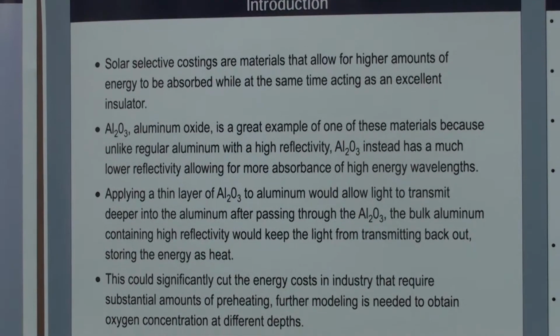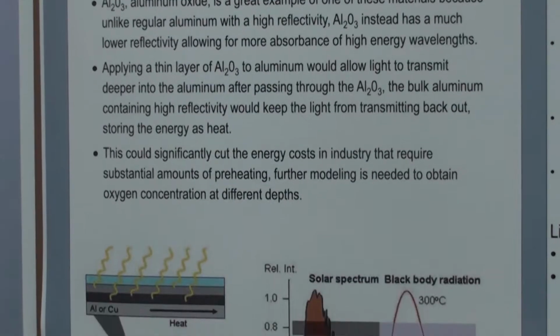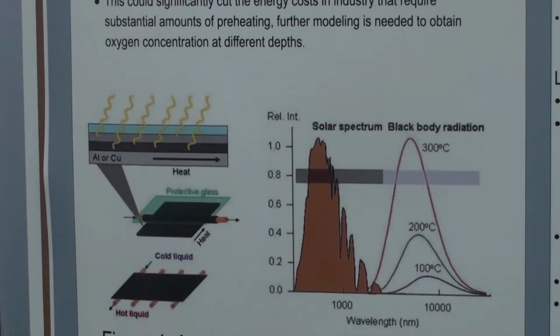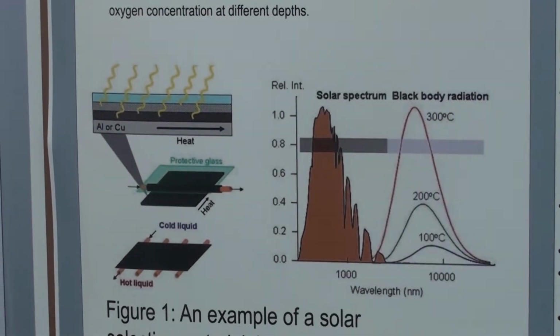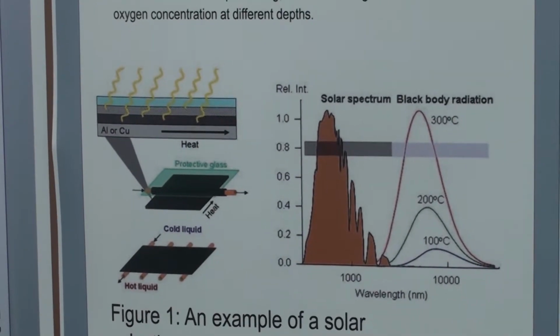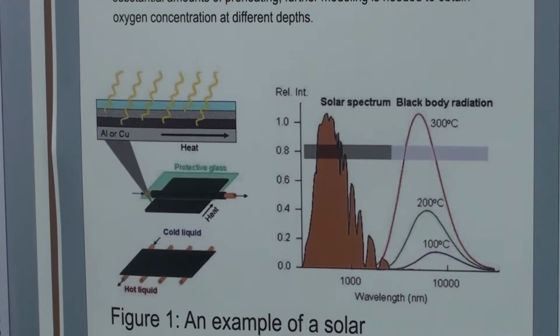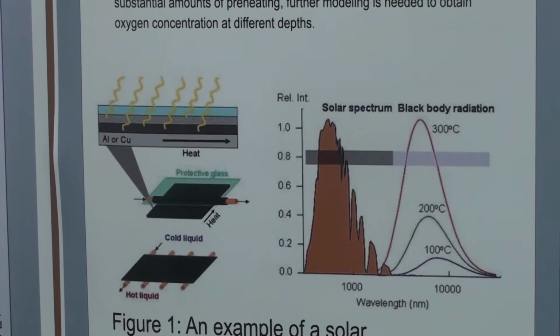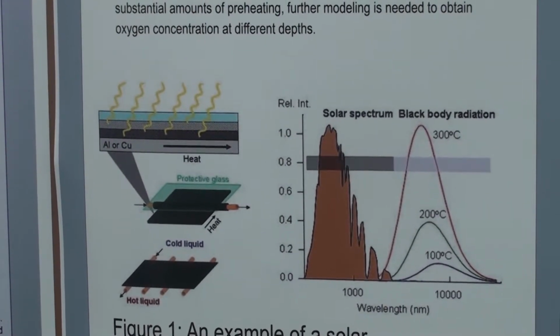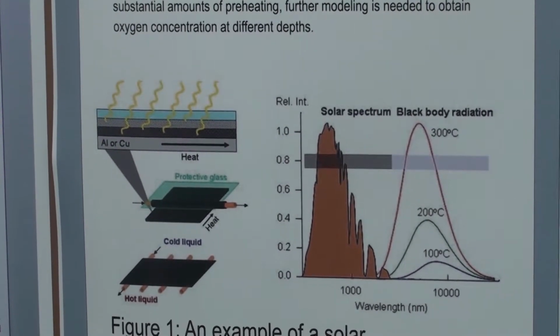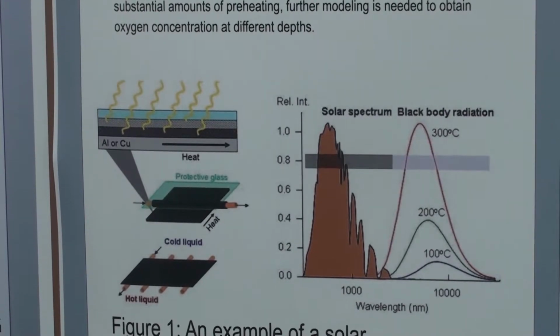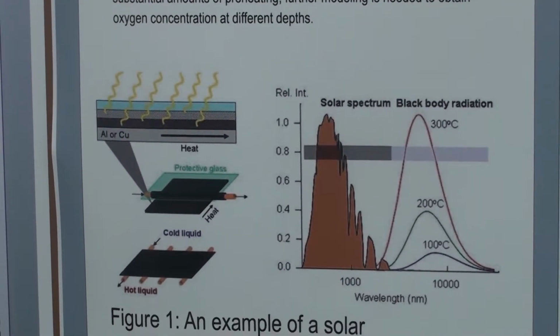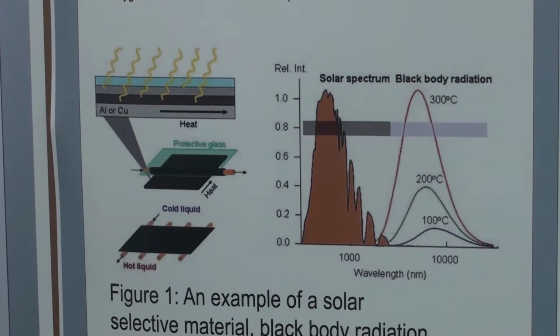Currently, if you've seen those black thermal panels on people's houses, that can get you up to about 35 degrees Celsius. That's okay for residential use, but if you want industrial grade heating, you would want about 100 to 200 degrees Celsius.